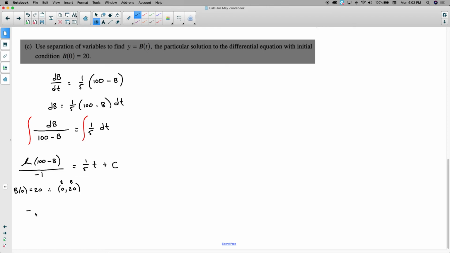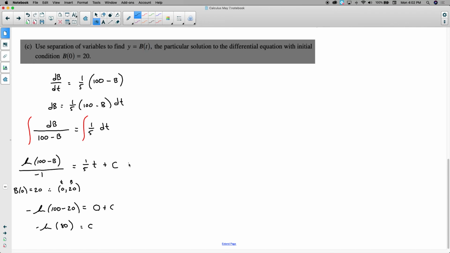I'm going to bring this negative up, and I have the natural log of 100 minus 20, and then over here I get c. I'll write 0 plus c just in case you're watching this carefully. That's just good showing of the steps. Okay, so now I know c.